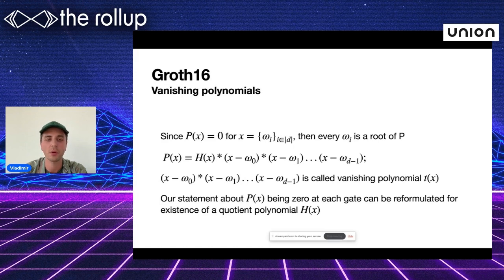This product of x minus omega i is called the vanishing polynomial because it indeed vanishes at each gate. So our statement about P of x being 0 at each gate can be formed into the existence of such a polynomial h of x, which is called the quotient polynomial.